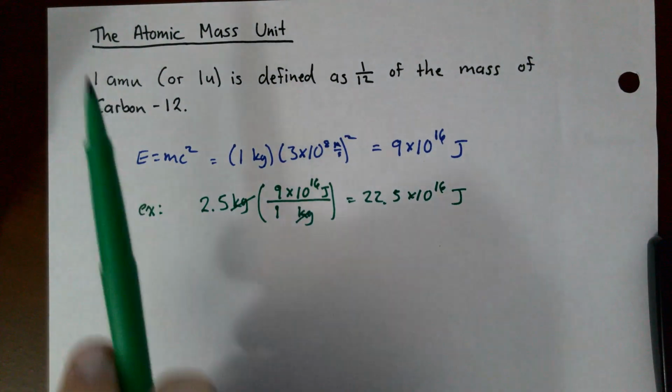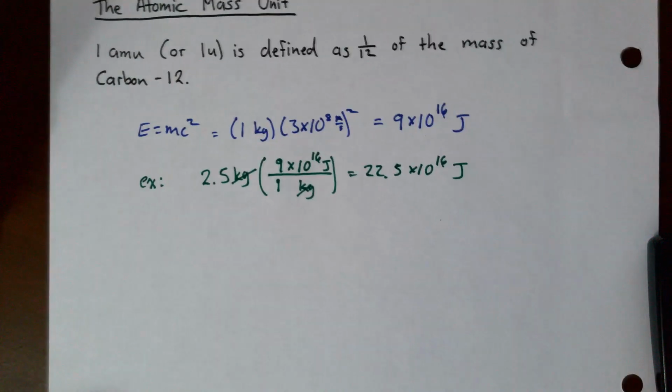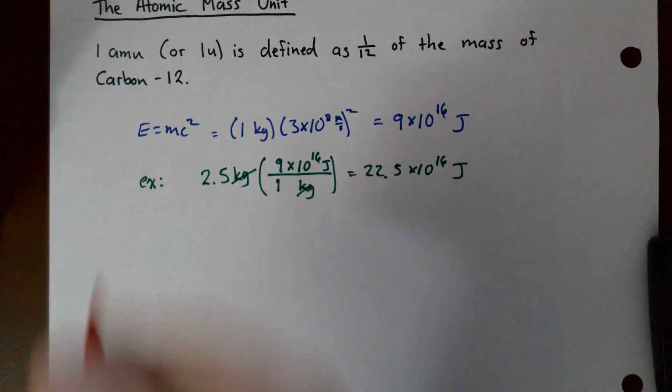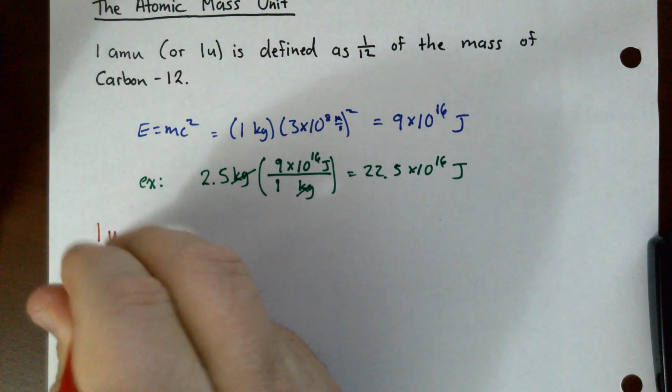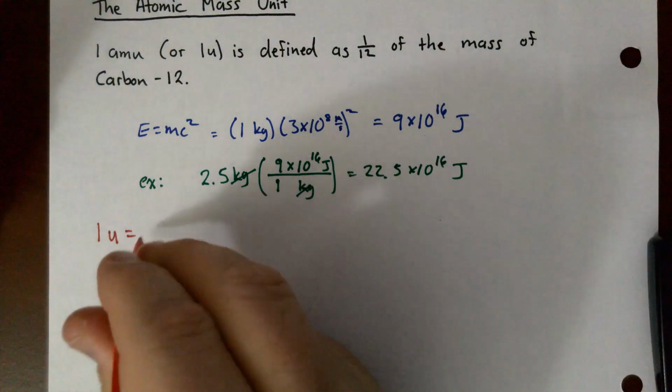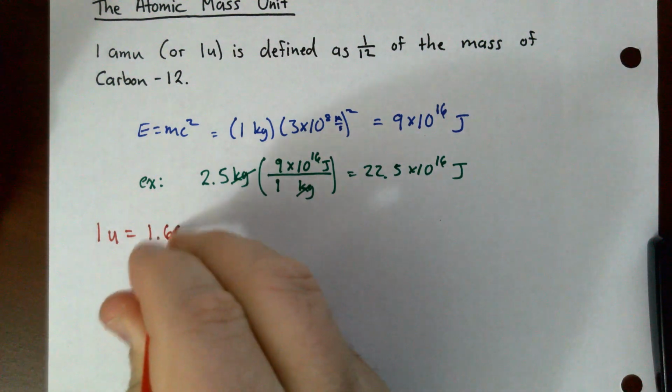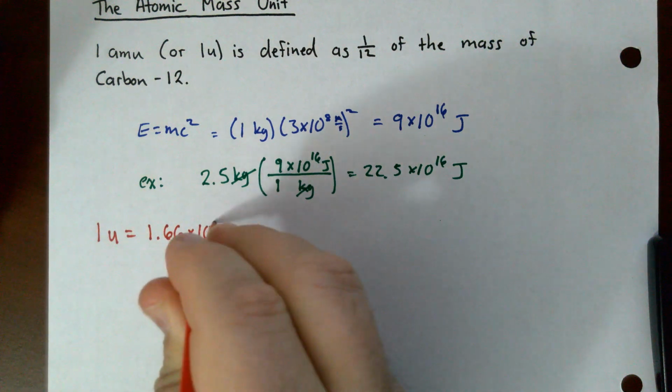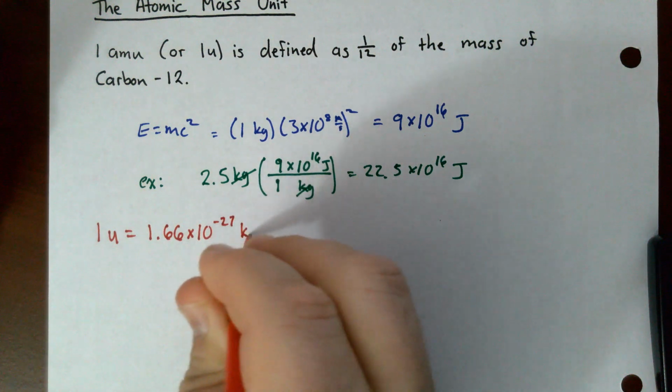Well, we can also do that with atomic mass units. So if you look at your formula chart, the conversion of one atomic mass unit to kilograms is 1.66 times 10 to the negative 27 kilograms.